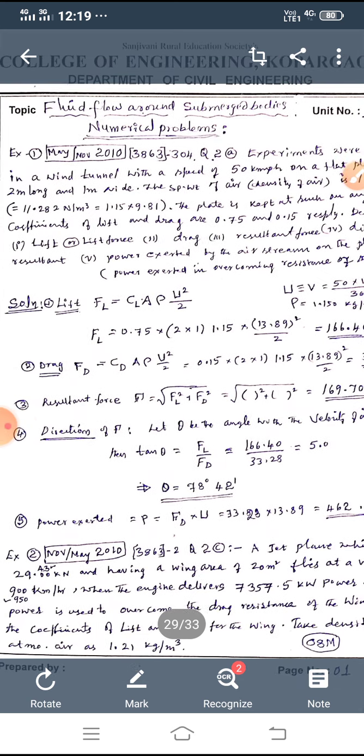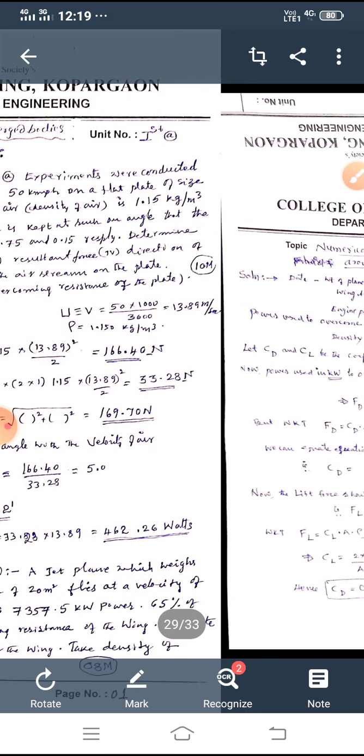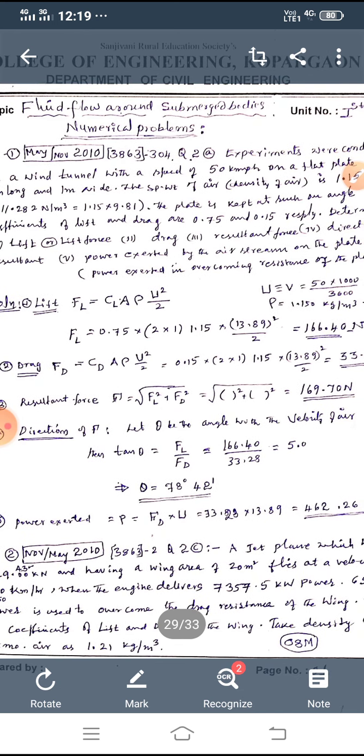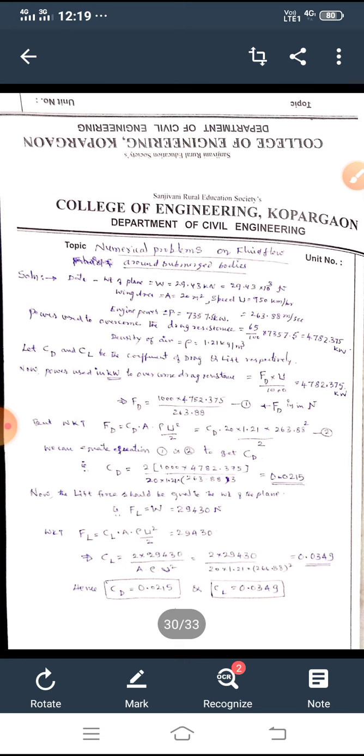Calculate the coefficients of lift and drag for the wing. Take density of atmospheric air as 1.21 kg per meter cube.